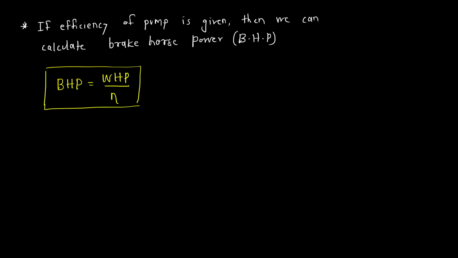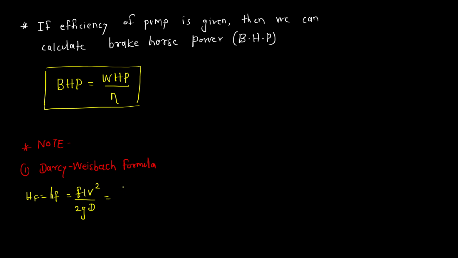Other than this, there are a few formulas which you have already studied in fluid mechanics or hydraulics. The first one is the Darcy-Weisbach formula. According to this, HF, that is head loss due to friction, is equal to f L V square by 2 g d.